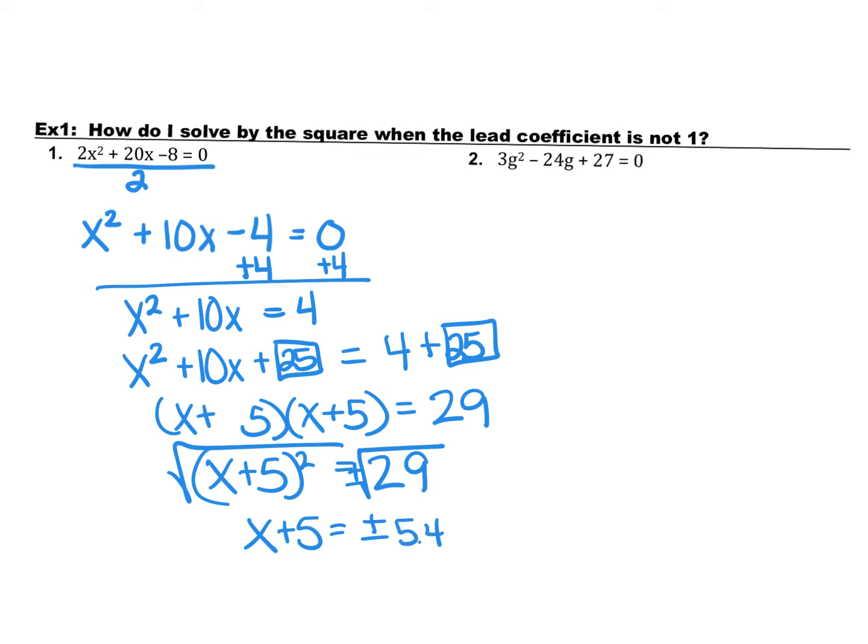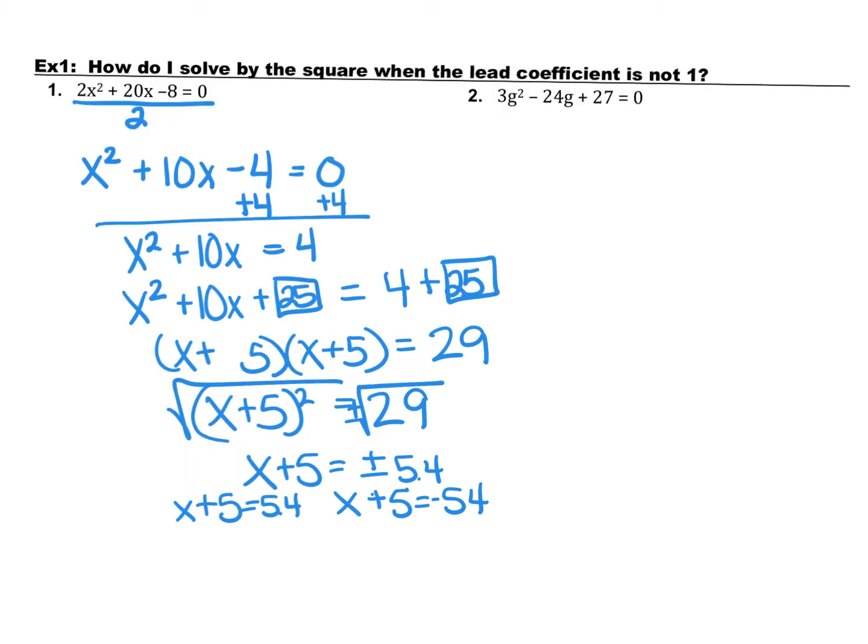So x plus 5 is equal to 5.4, and x plus 5 is equal to negative 5.4. And we will have x is equal to 0.4, and x is equal to negative 10.4.